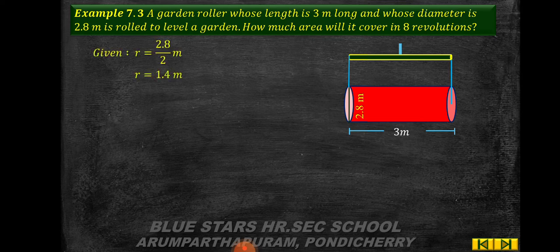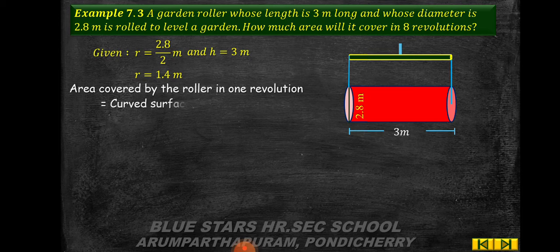So given diameter, radius is equal to diameter by 2. So 2.8 by 2, which is equal to value of r is 1.4 meter and h is equal to 3 meter. So area covered by the roller in one revolution is equal to curved surface area of the garden roller.